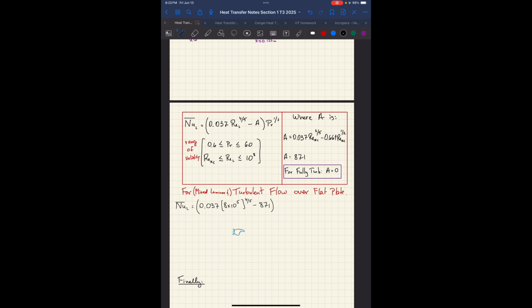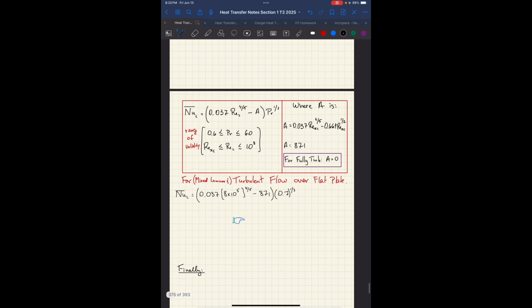And then your Prandtl number was 0.7. Okay, we'll raise that to the 1/3. And we should get an average Nusselt number of 960.6. So now that we have that, we can go to the general Nusselt number and solve for H.